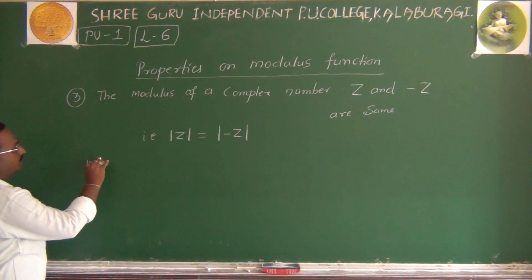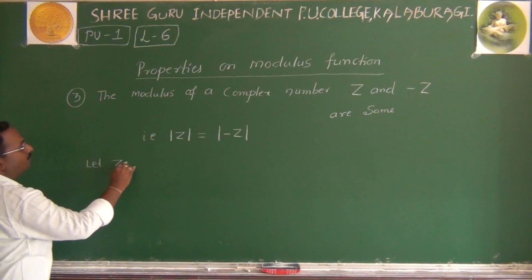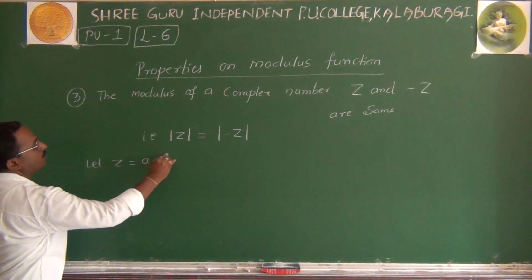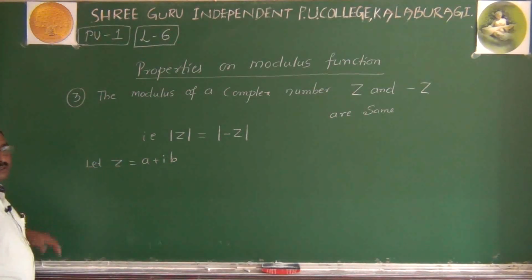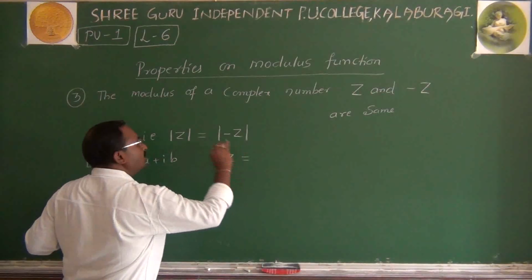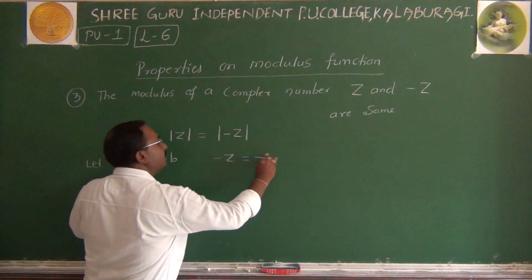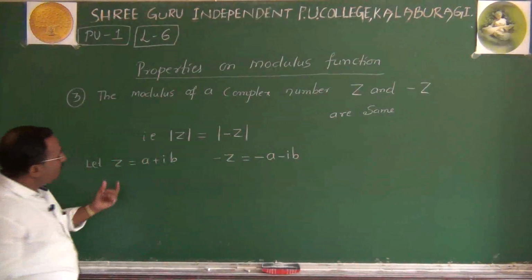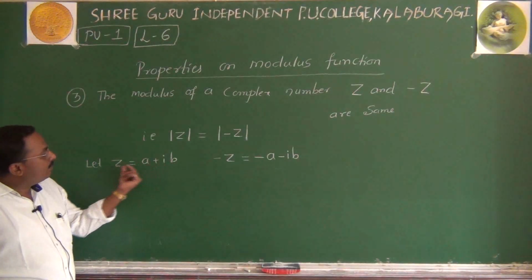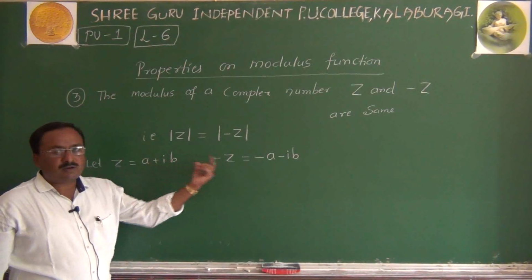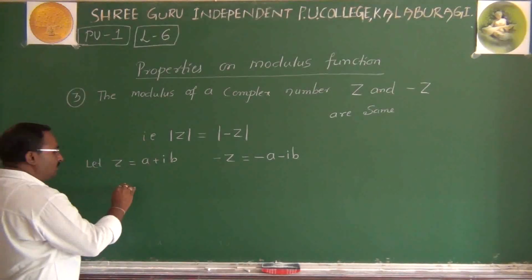Let Z be a complex number, A plus iB, and minus Z is minus A minus iB. Take modulus on both sides.